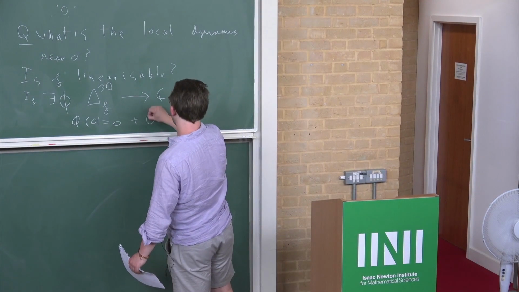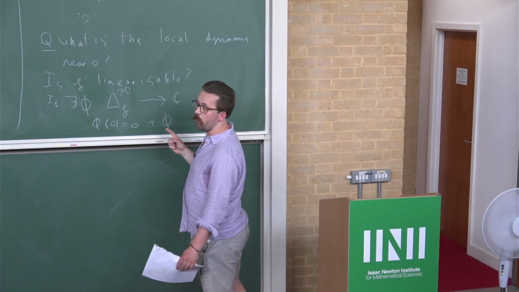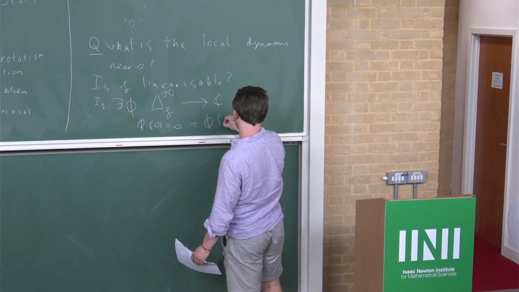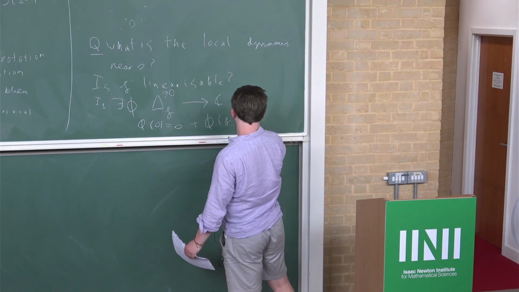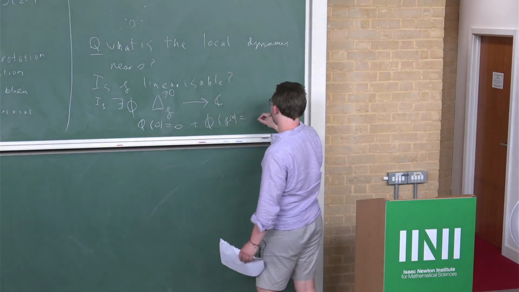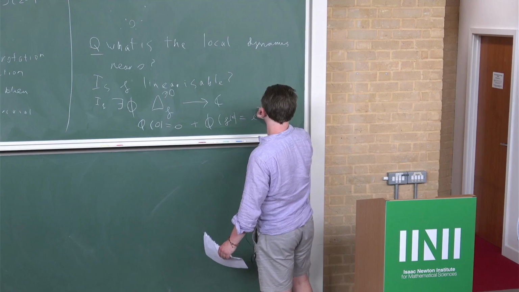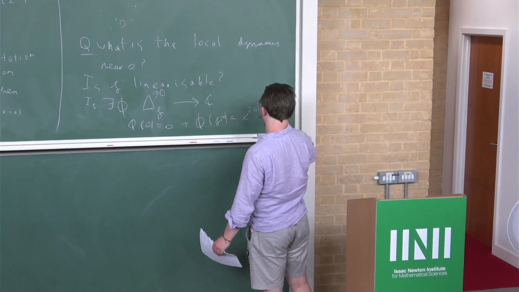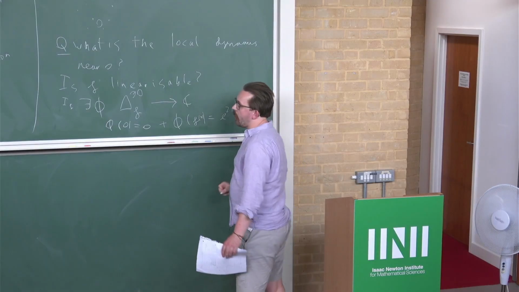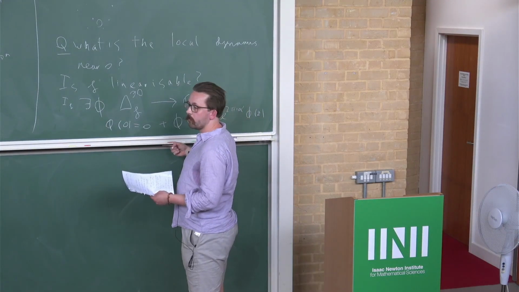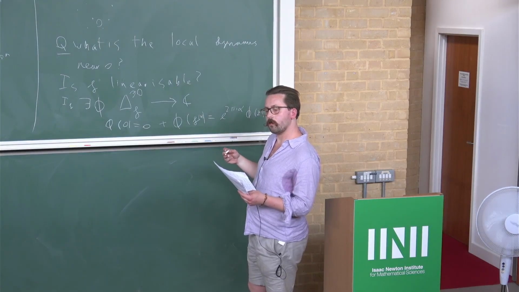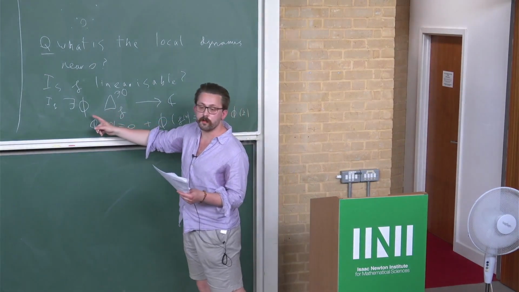In particular, phi will conjugate f to a rotation by e^{2πiα}, so that phi(f(z)) = e^{2πiα} phi(z). Phi is like a change of coordinates.